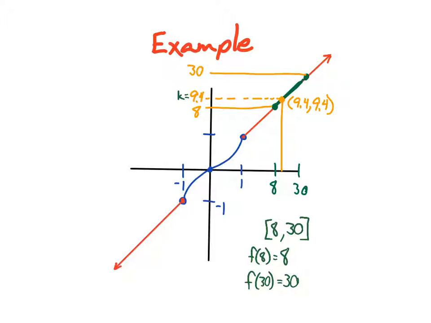So what the intermediate value theorem proves is that there is a value c down here. I should have labeled this c to match our theorem instead of k. So that's the c that we're looking for. Well, what does c equal in this case? 9.4.